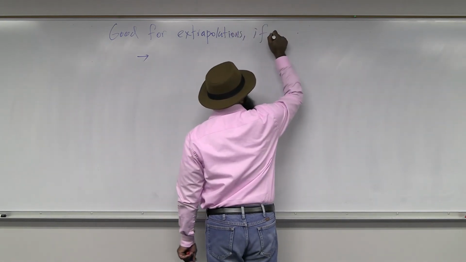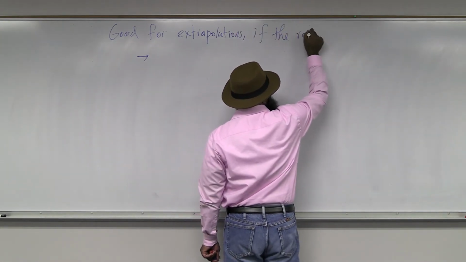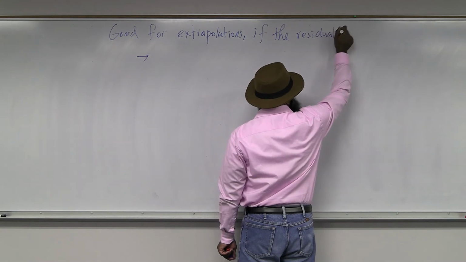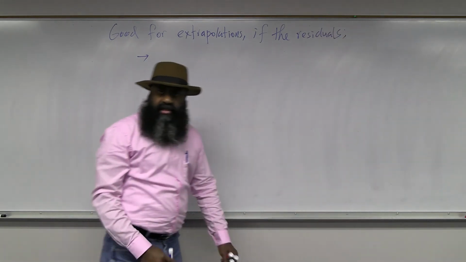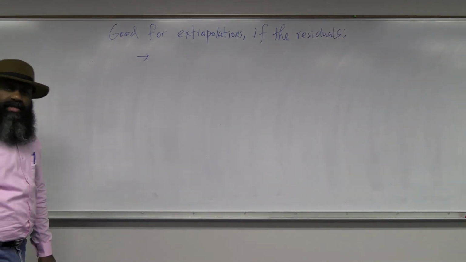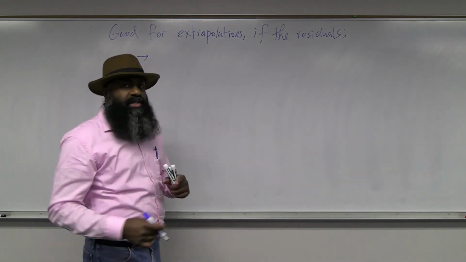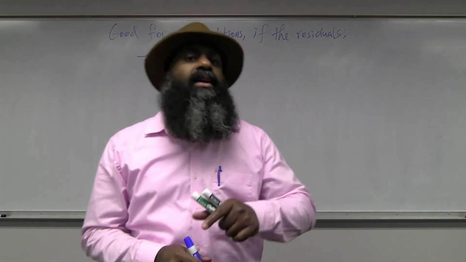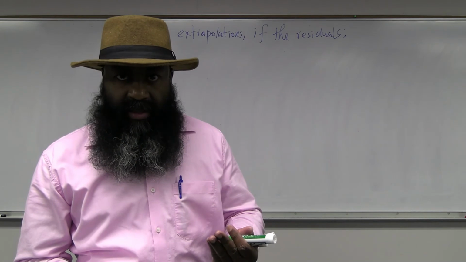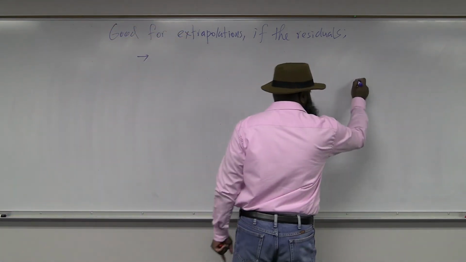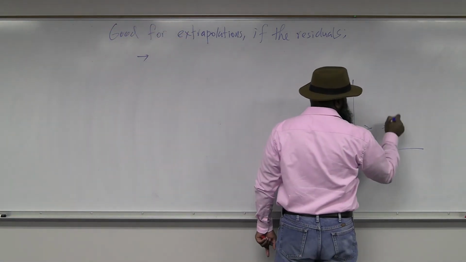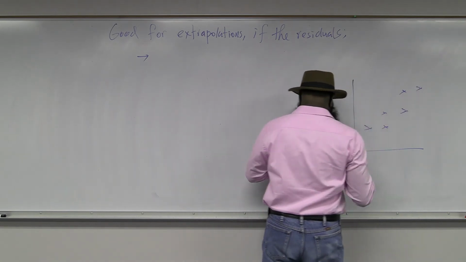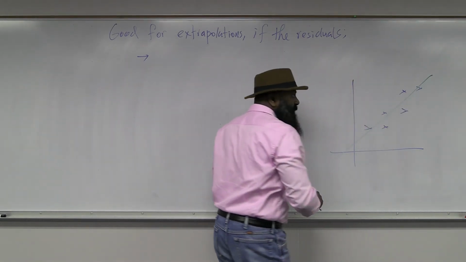If the residuals follow these characteristics. So the first characteristic is about half of the residuals should be positive, the other half should be negative. Of course, it makes sense because if this is your scatter plot, the best fitting equation should be just like that.